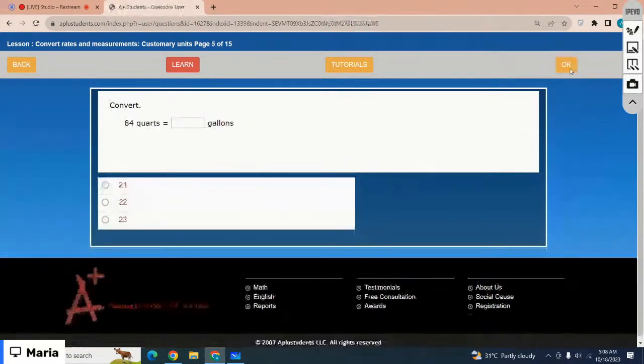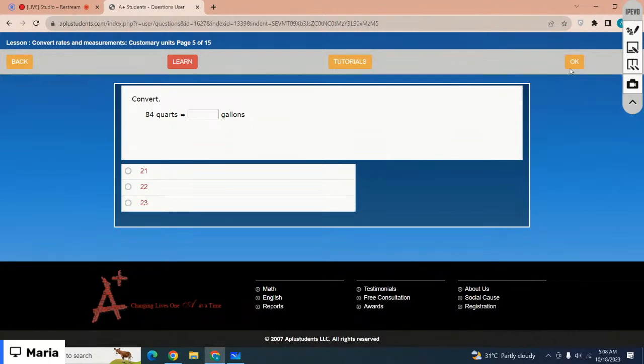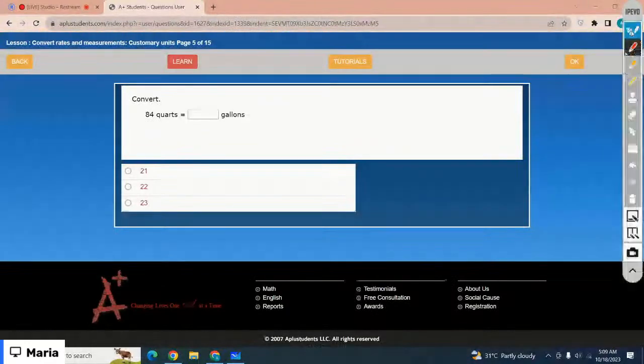84 quarts equal how many gallons? 1 gallon equals 4 quarts, right?